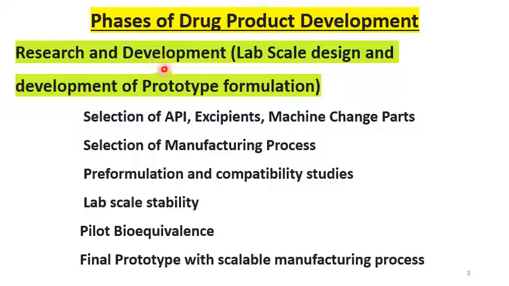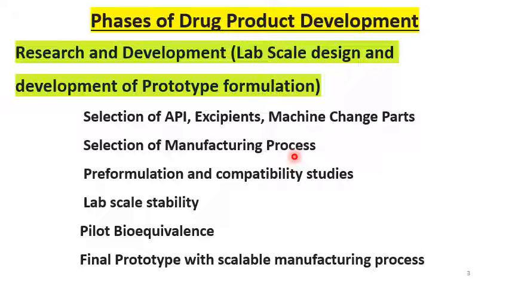Then research and development, lab scale design and development of the prototype formulation. Research and development involves selection of APIs, excipients, and machine change parts like tooling for the tablet and dosing disc for the capsule formulation mainly. Also the change parts, according to the product specifics, are selected and developed, and shared with the manufacturing plant for successful technology transfer. Then selection of the manufacturing process.